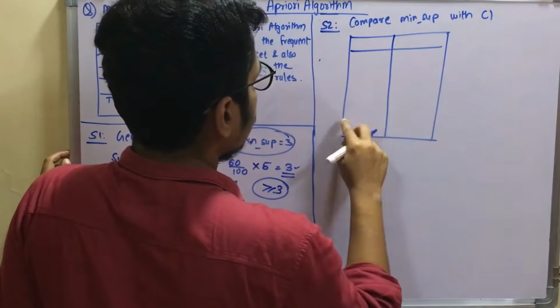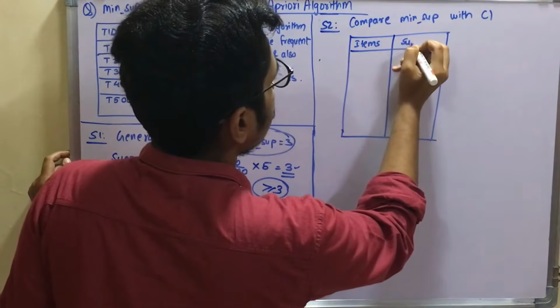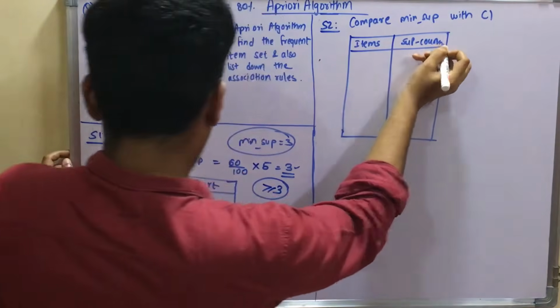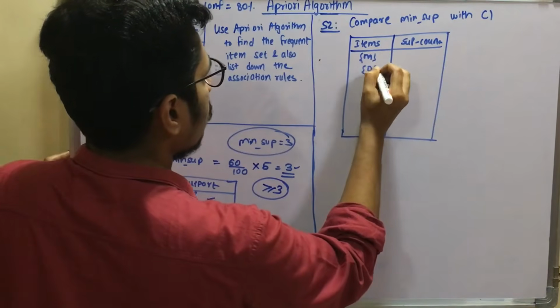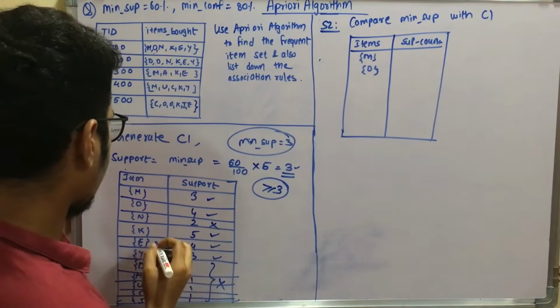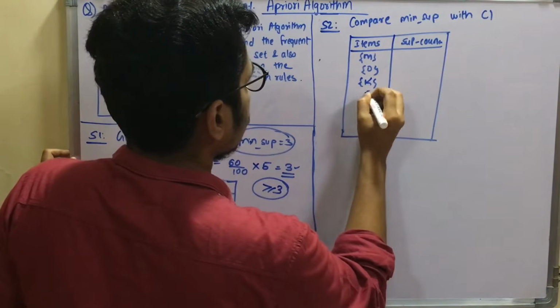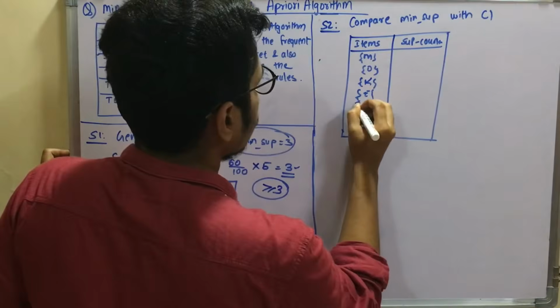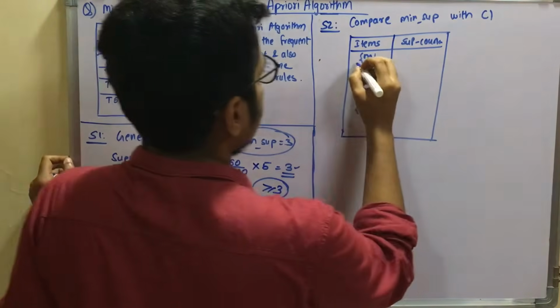Then we'll be left with all these items and their support counts. We'll put M, then O, then K, E and Y, and that's it.